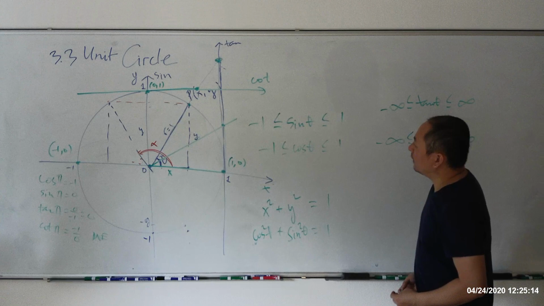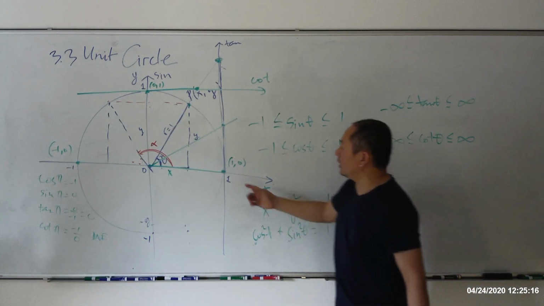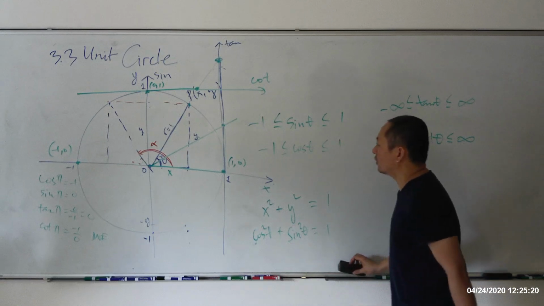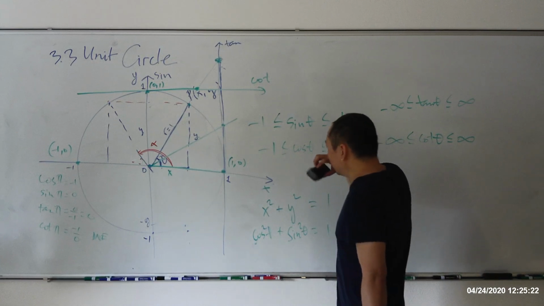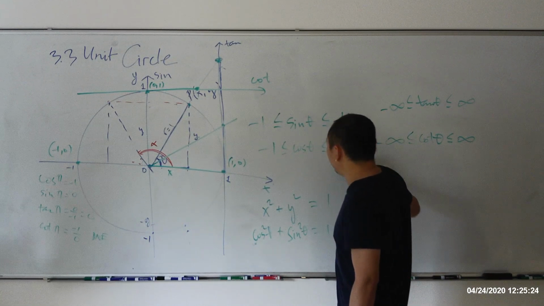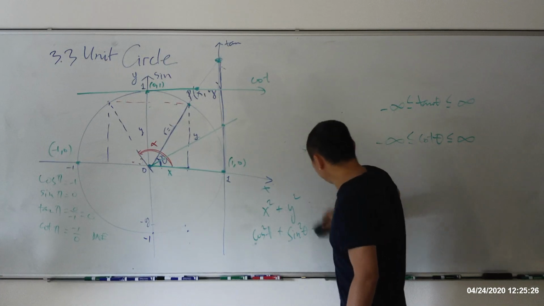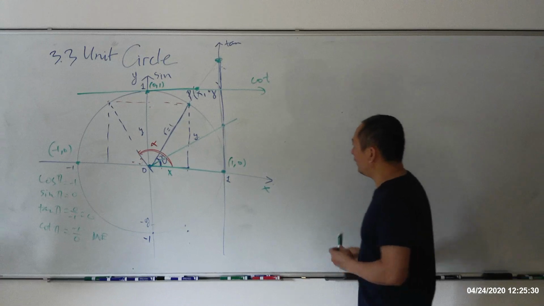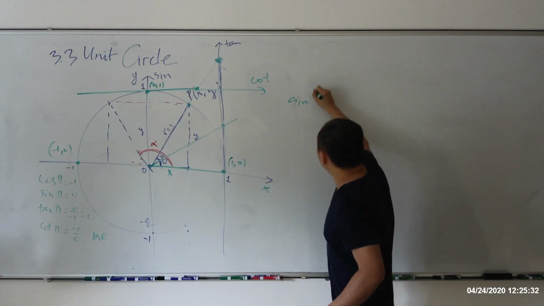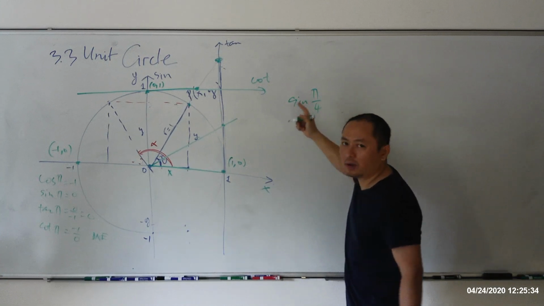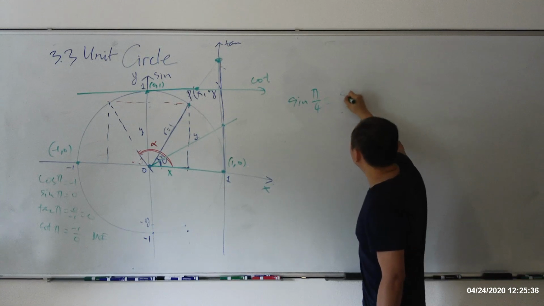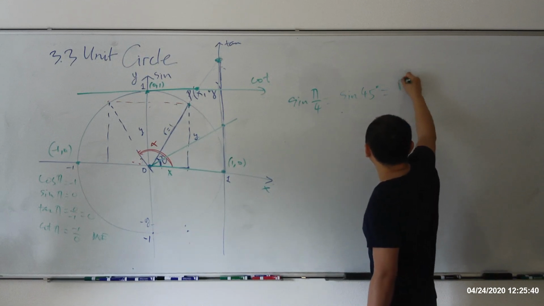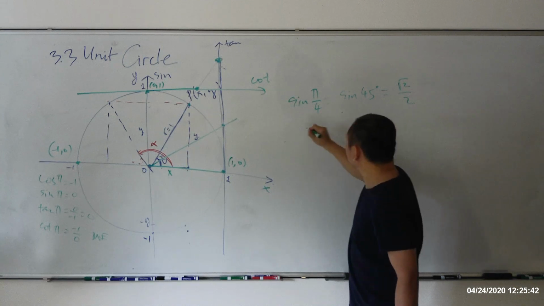You can use the unit circle to figure out some special angles using geometry. But I claim that we covered that already. Say for example, you have sine of pi/4. When we talk about degrees, this is the same thing as sine of 45 degrees, and this is equal to √2/2.